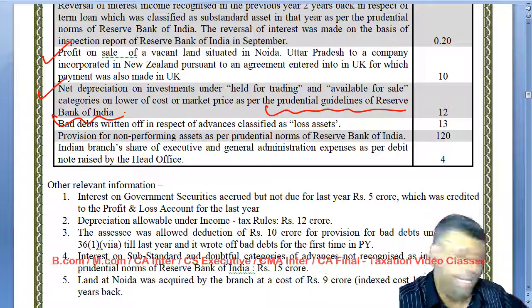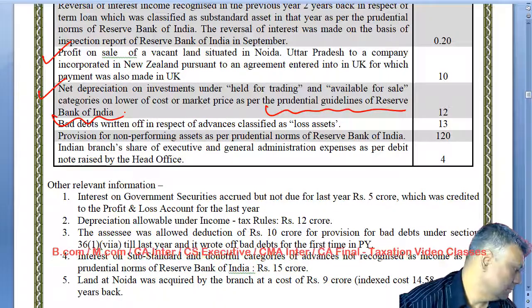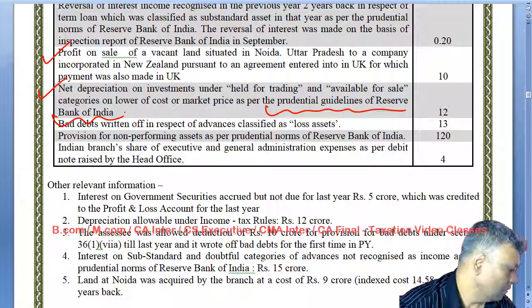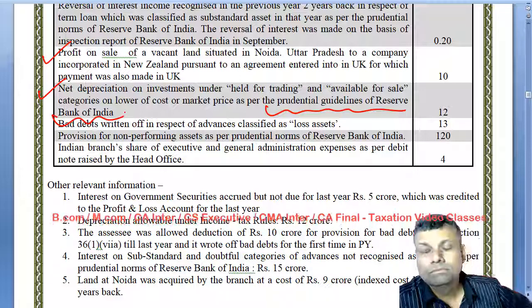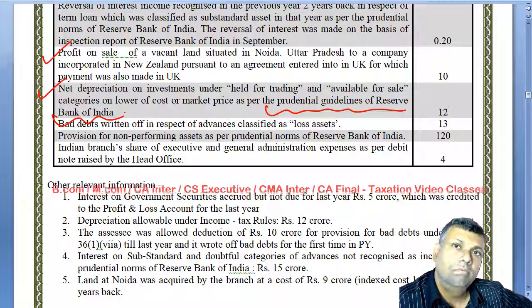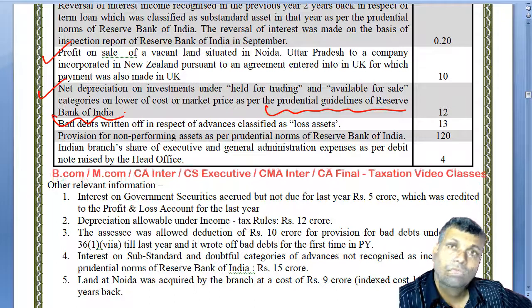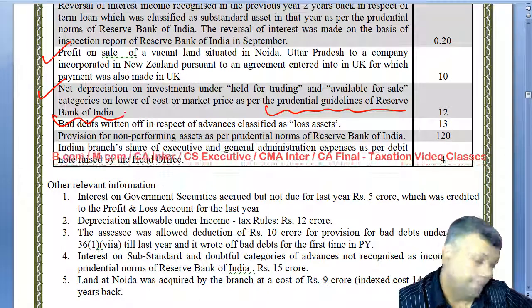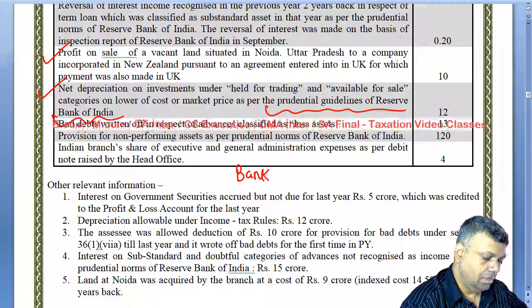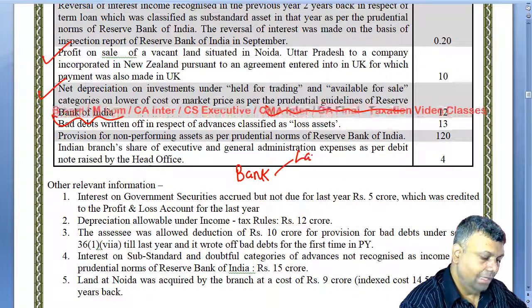What does this mean? For a bank. So your assessee is a bank. You had a land.